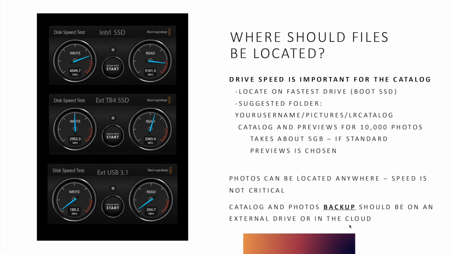So a spinning hard drive is at the bottom there. You're at 180 megabytes per second. Ten years ago, that was fast. Today, that's a snail. And it reads a little bit faster. But an external Thunderbolt 4 SSD: most of the laptops that aren't brand new have a Thunderbolt 3 socket, so it's slower than this.